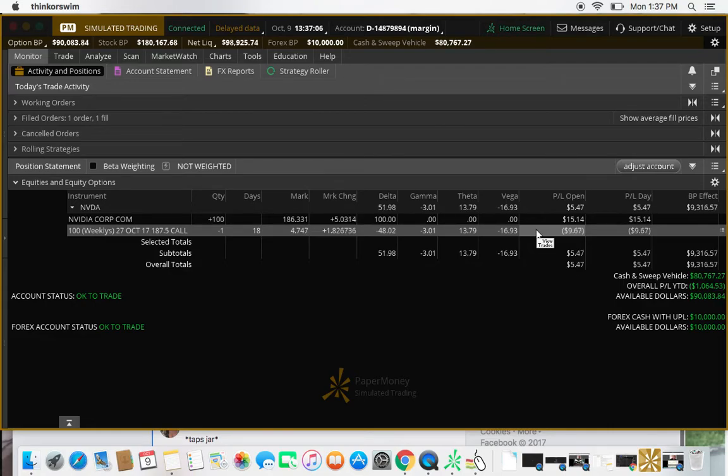But instead, you sold this option with the stock, and that option becomes more valuable when the stock goes up. So the option is more valuable now than when you sold it, meaning you're losing money on the option. You're losing on the option, making money on the stock.